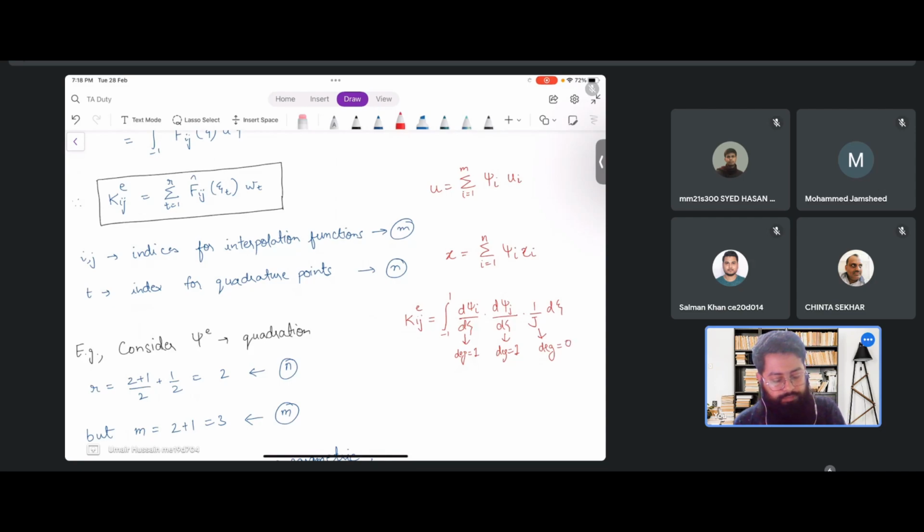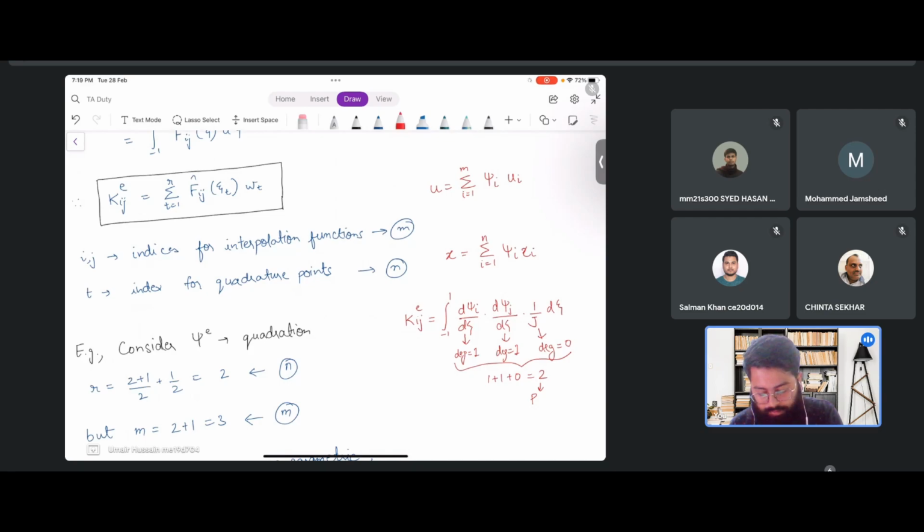So its degree is 0. So what would be the total degree of the integrand? 1 plus 1 plus 0, right? The degree of polynomial p is equal to 2. So, right, we can find r is (p plus 1) by 2 is 3 by 2 plus half. It makes 2.